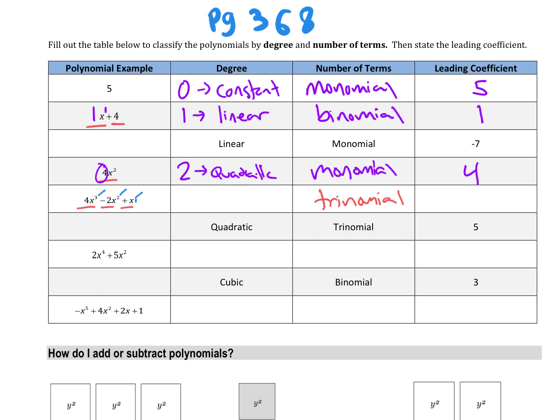I've got an exponent of 3, exponent of 2, exponent of 1. The biggest one is 3. And the word for that is cubic. I also am going to circle that first coefficient, the one in front of the biggest exponent. So my leading coefficient there is also 4.